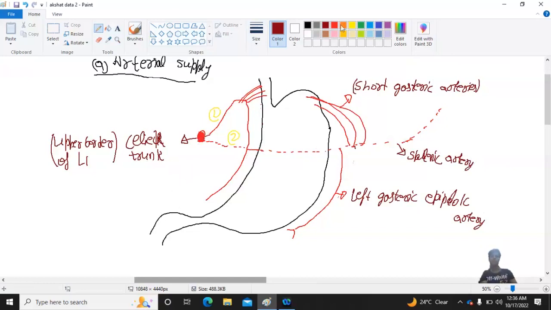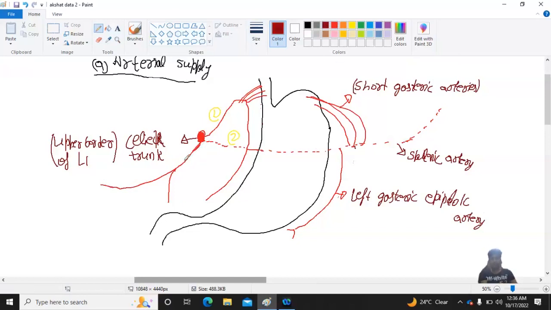Now another branch of this is the common hepatic artery, which goes towards the liver. It divides into two. One is the gastroduodenal artery, another is the hepatic artery proper. These are two arteries.